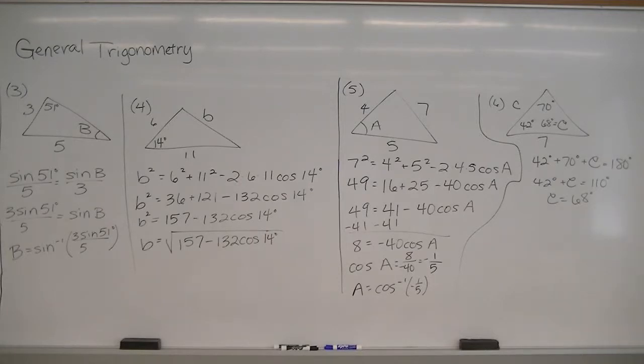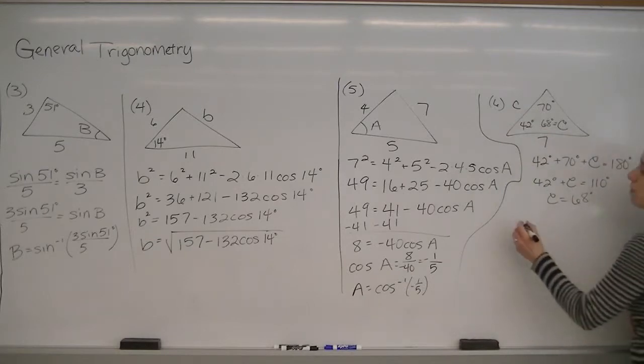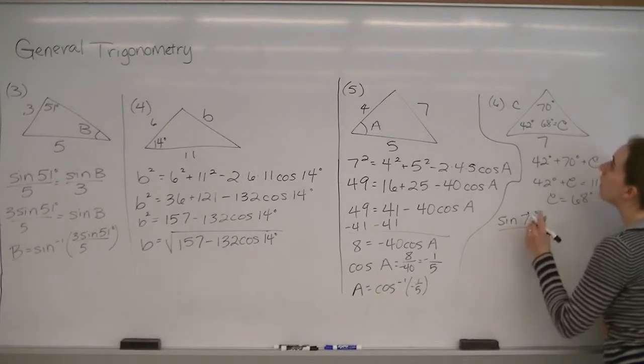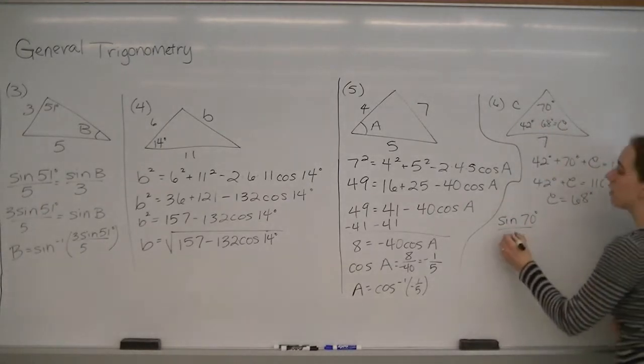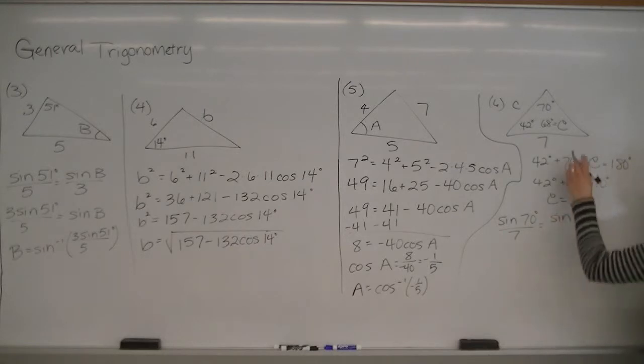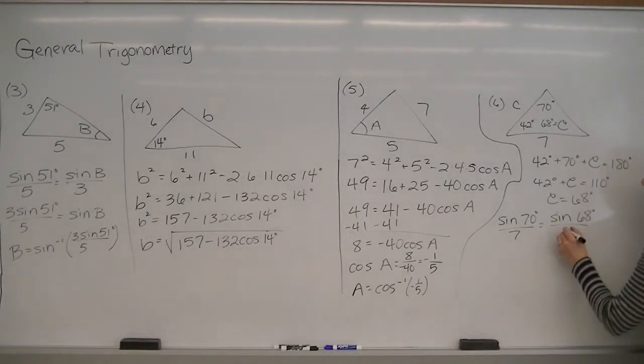So we had to insert an extra step here. We had one thing we had to do before we could use the law of sines. But now notice I have one complete pair, one pair where I know the angle, I'm looking for the side. So let's set up the law of sines. So sine of 70 over 7 is equal to sine of big C, which we just found, over little c.